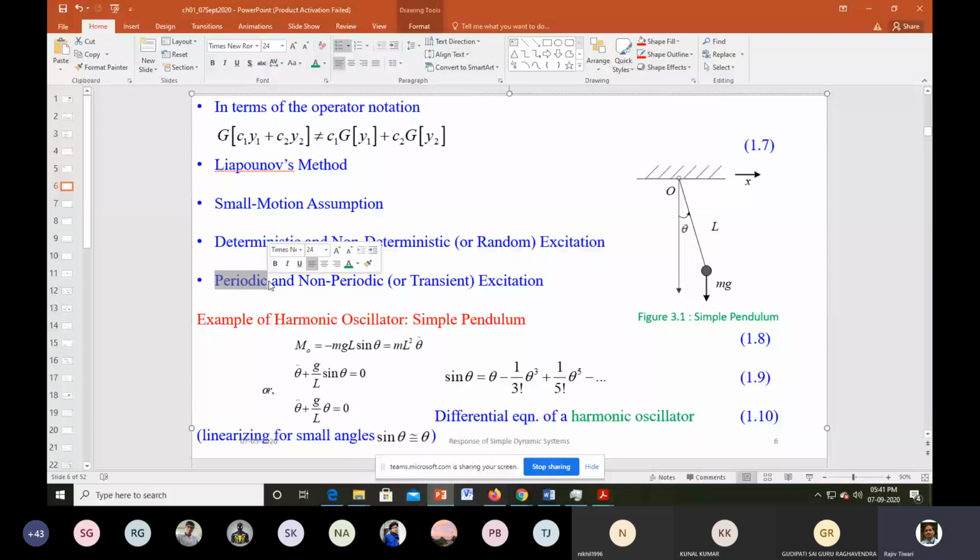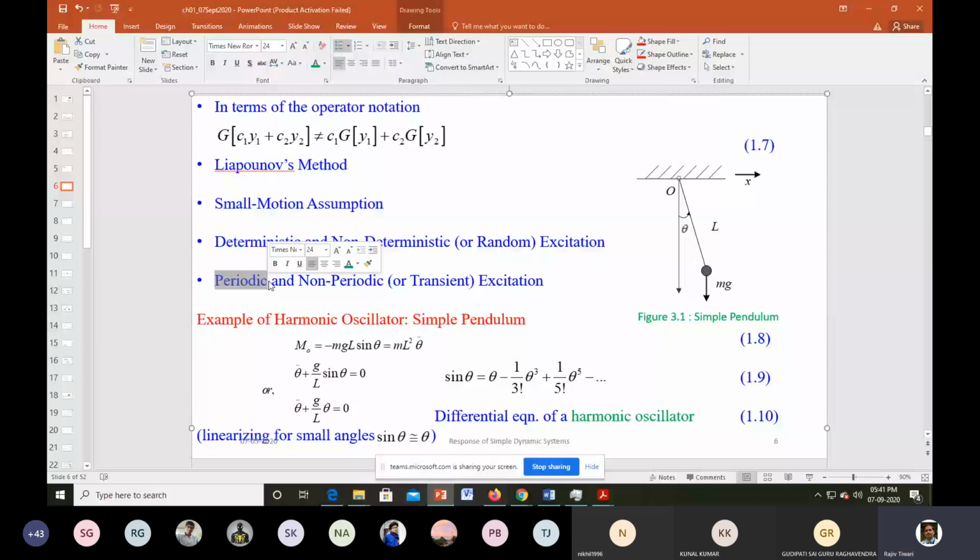Like the unbalanced force in rotating machinery, that force repeats. Or an engine cylinder when it is moving: that particular force will repeat over the cycle, depending upon whether it is a 2-stroke or 4-stroke cycle. The forces will be periodic in nature, repeating over time.